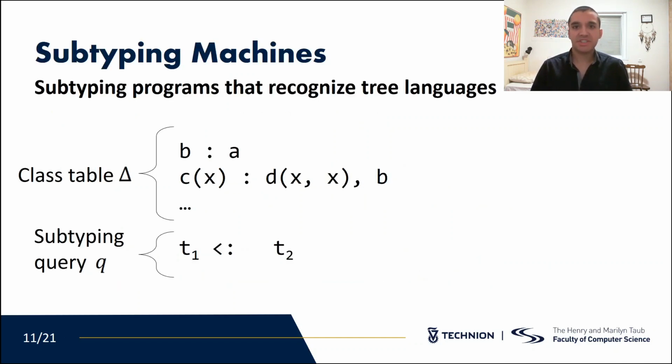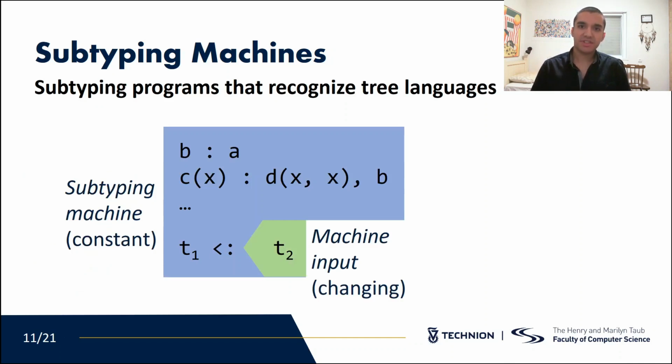Enter subtyping machines. A subtyping machine is a program that uses subtyping to recognize a tree language. A program contains a class table, which is a set of inheritance rules, followed by a subtyping query that needs to be resolved against the class table.